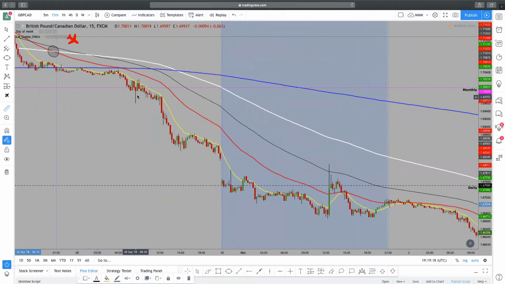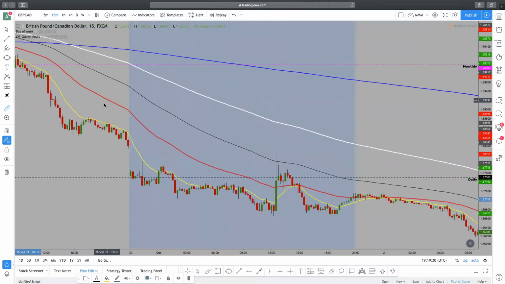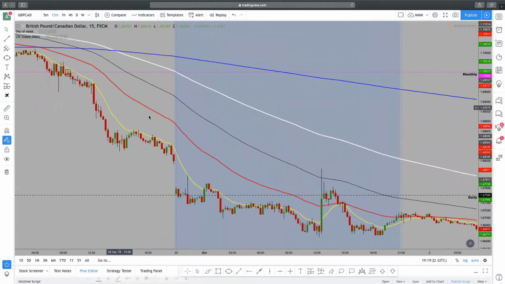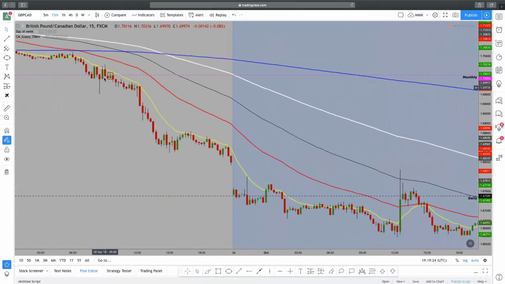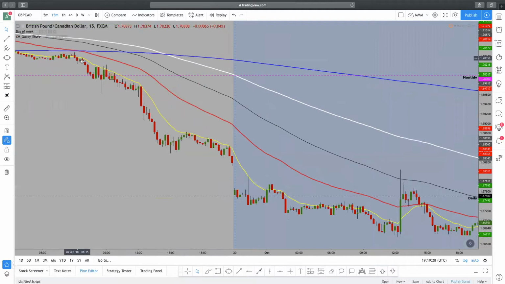Where do I enter? This little box right here. Why? I'm here in the market, so I wait to see what the market does near my monthly key level. That's a key area. For me, it's important to see price action here. So I see that kind of M happening here with respect to my EMA.